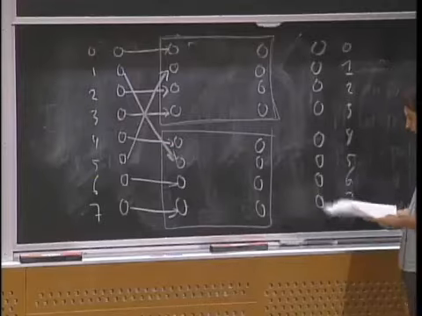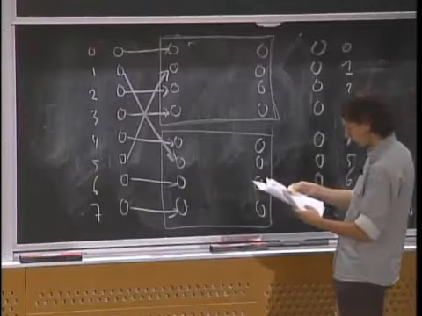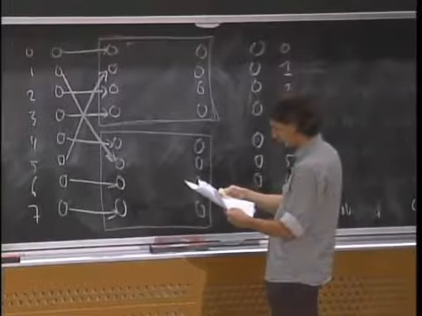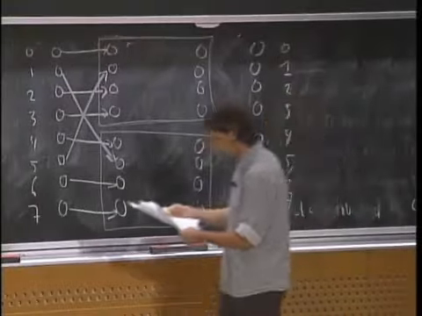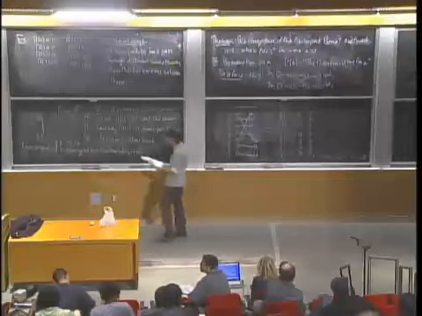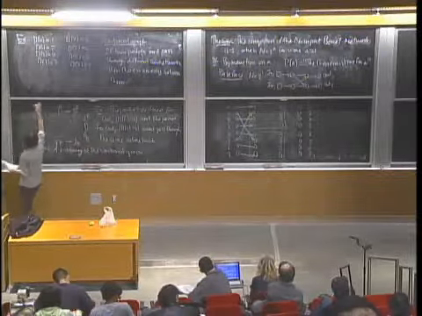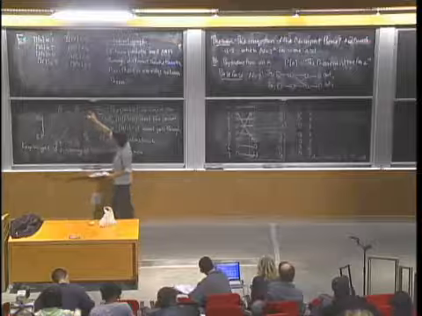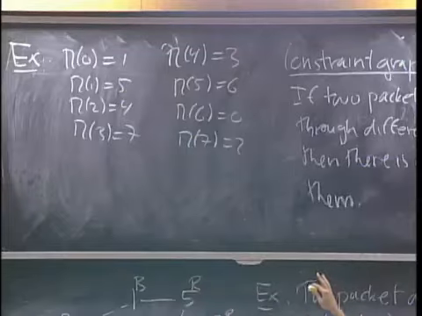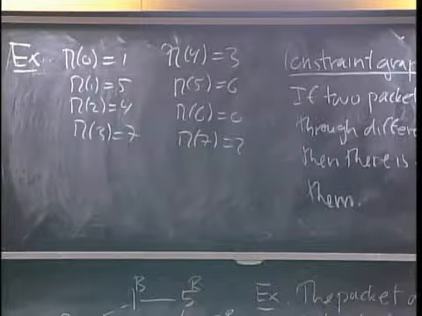Okay, let's look at the outputs. So, for example, well, let's have a look at output 0. So output 0, which packet is mapped to output 0? It's packet number 6.